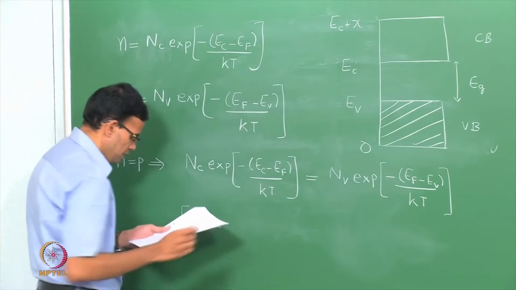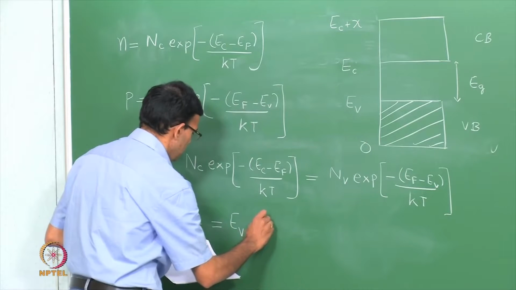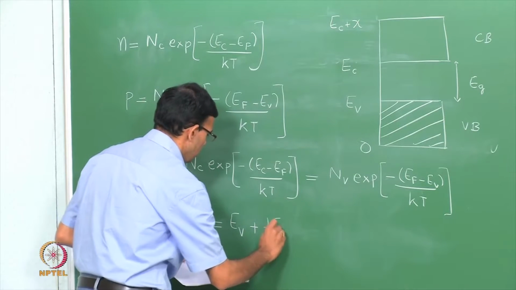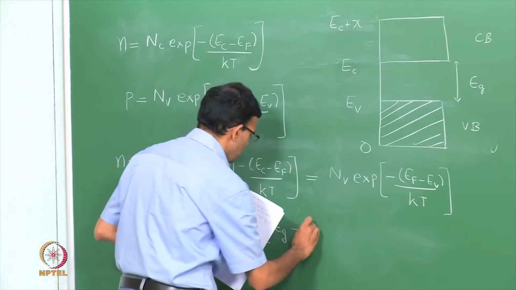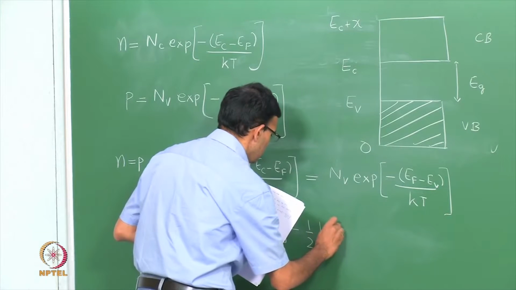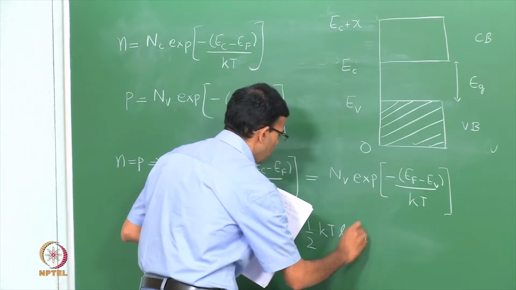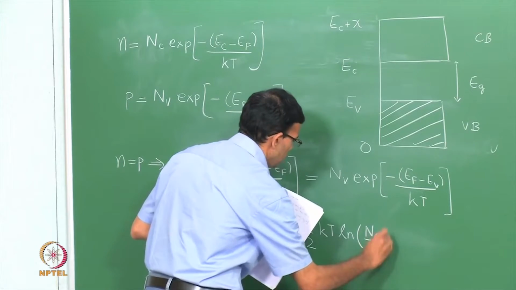That is, EF equals EV plus EG over 2 minus 1 half KT ln of NC over NV.